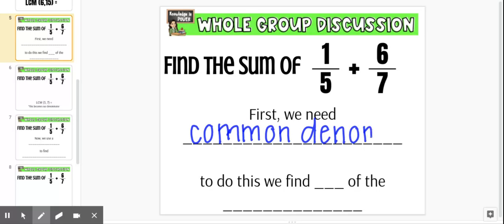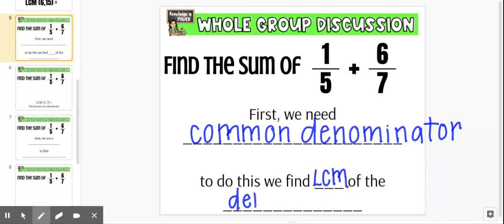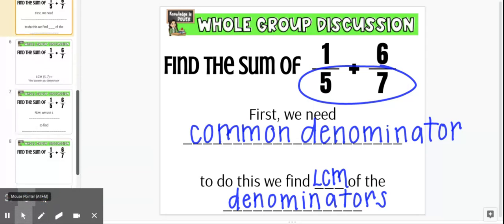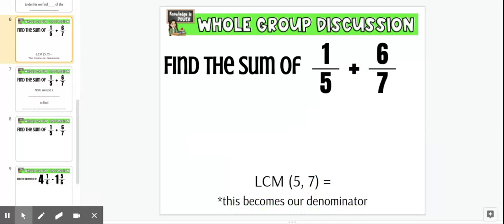So in order to do that, we are going to find the LCM of the denominators. And when I look here, I have to ask, which set of numbers are the denominators? Is it 1 and 6 or is it 5 and 7? Well, remember, our denominators are our bottom numbers. So it's 5 and 7. So we're going to find the LCM of 5 and 7.